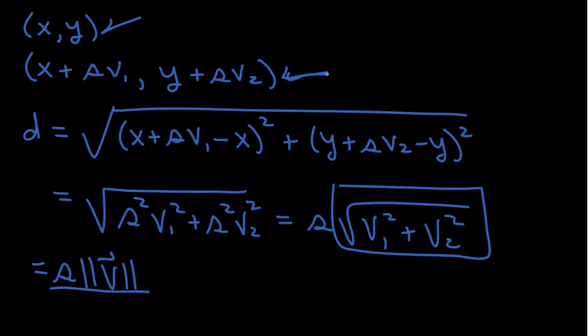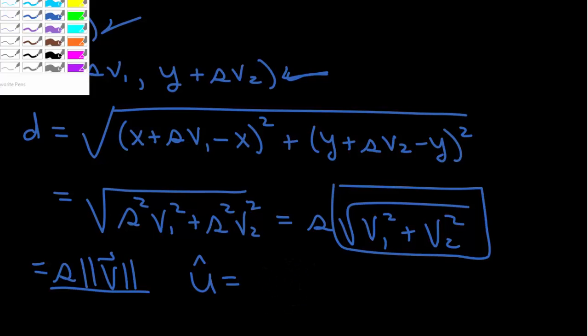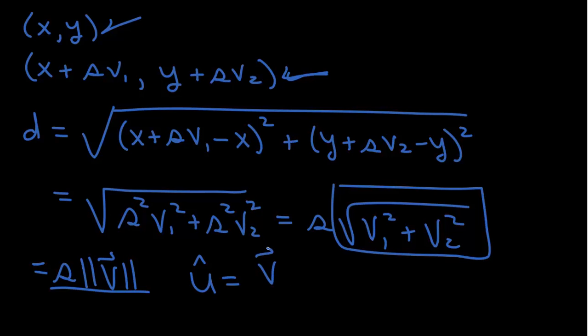So let's say that we're going to use in our discussion a unit vector, u. In this case, it would be v over the magnitude of v. Okay? So that's what we're going to use. Any questions about that? So now we know the distance.